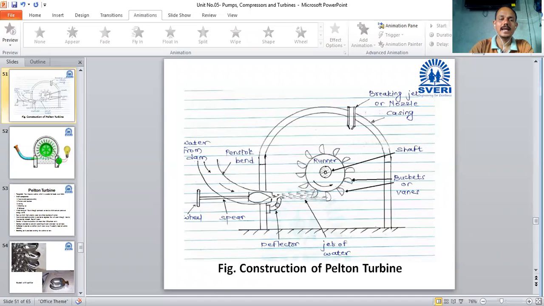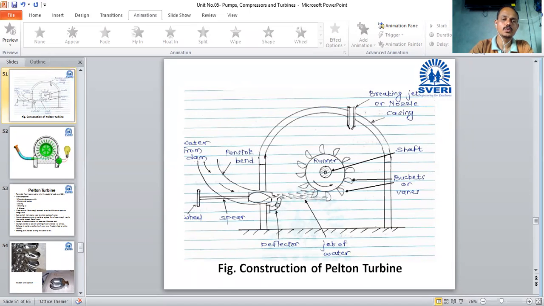One sphere arrangement is here. This one is the sphere. One more part is there, that is the nozzle. Here one nozzle is provided, so the diameter of nozzle goes on decreasing. It means that nozzle is a very important component which again converts pressure energy into kinetic energy.